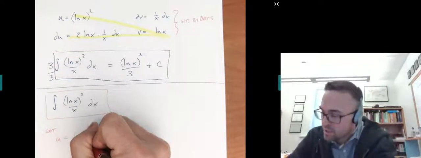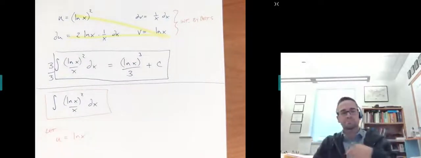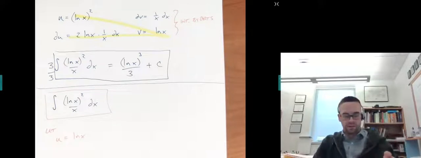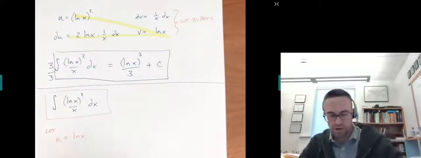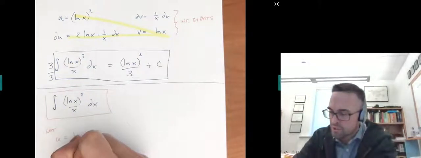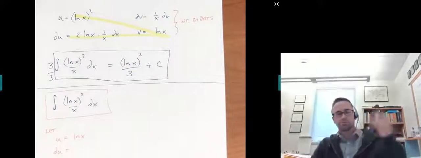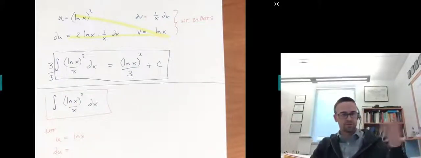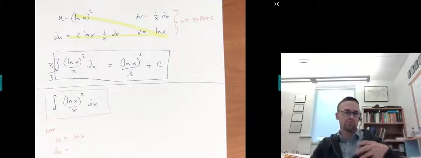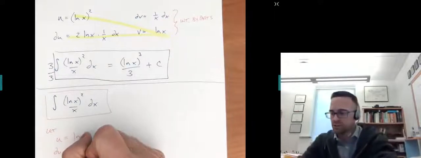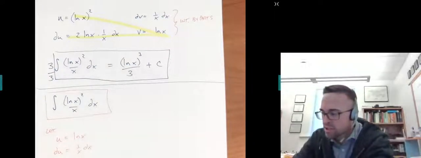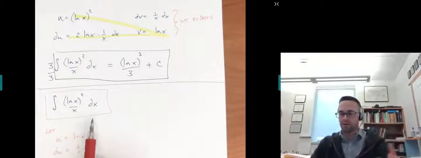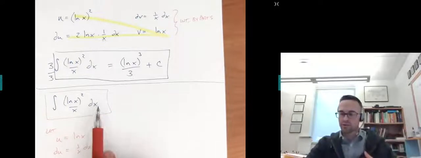Let's let it equal the natural log of x. This is a little U-substitution. Now with U-substitution, we have something happening like this. The derivative of U with respect to x is 1 over x. So the differential du is 1 over x dx, like this. That's looking great. I have 1 over x dx right here.